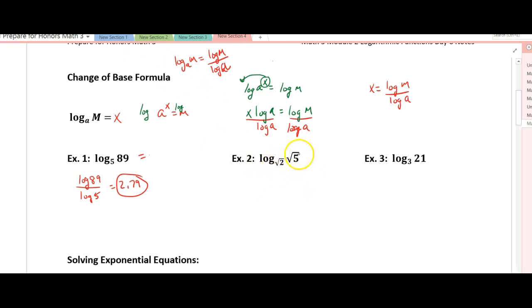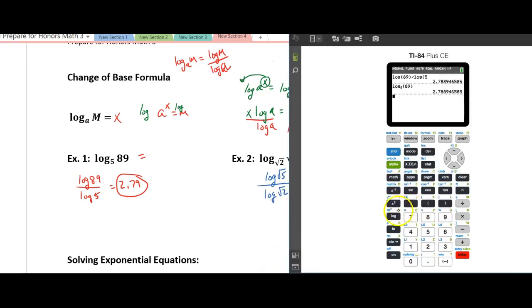So the next one, if I wanted to find the decimal value of this, I would take the log of root 5 and divide it by the log of root 2. If I go to my handy dandy calculator, log of square root of 5, close the parentheses.